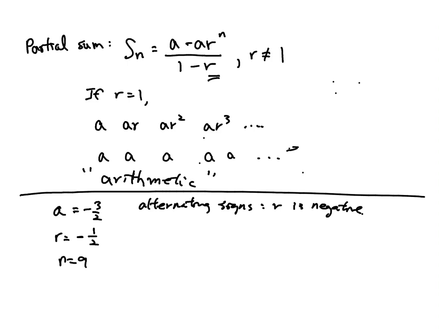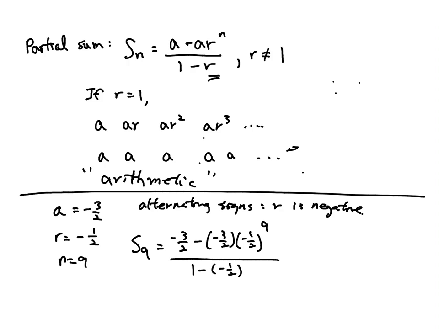So the partial sum formula will be S of 9 is negative 3 over 2 minus negative 3 over 2 times negative 1/2 to the 9th power, over 1 minus negative 1/2.